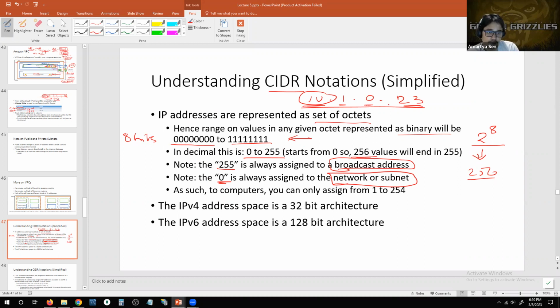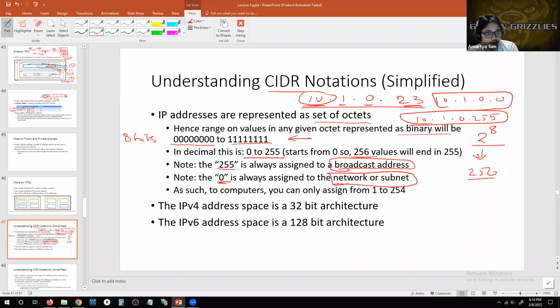For example, if you have 10.1.0.0, you cannot assign this to any specific machine, because this is the IP address of the network itself. And in addition, if you have 10.1.0.255, you cannot assign this IP address to any machine either, because this is your broadcast IP address that you use when you're broadcasting any kind of information.